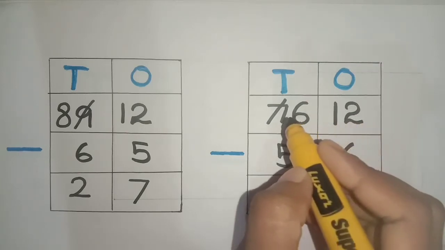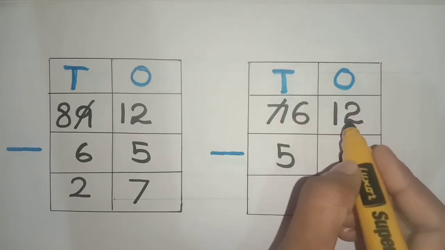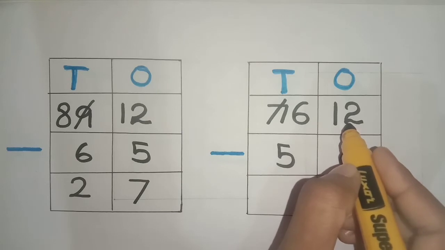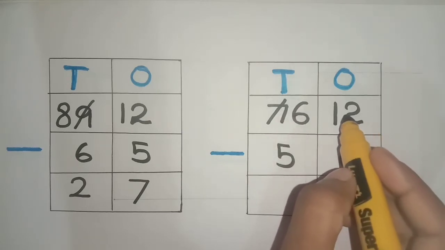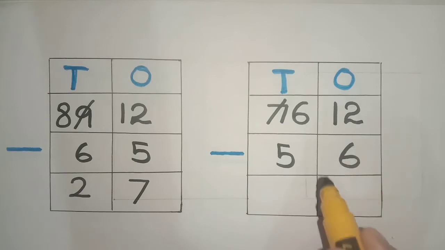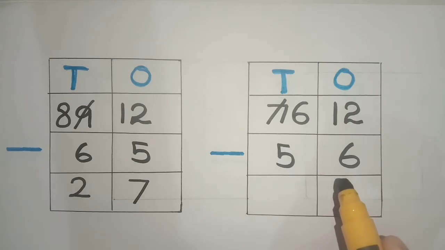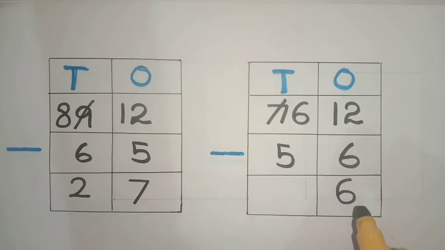By borrowing one from the next place, the number becomes 12. Now 12 minus 6. Counting backward from 12: 11, 10, 9, 8, 7, 6. So 12 minus 6 is equal to 6.